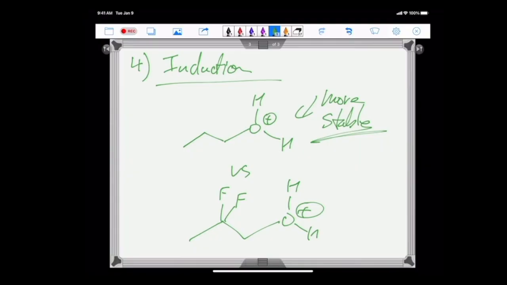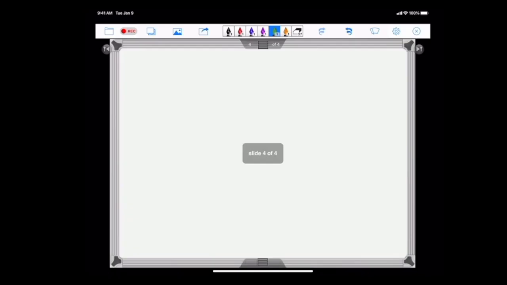Yes? So if the fluorines were potassium, it would be better? Oh, okay, if the fluorines were potassium, that's a whole other kettle of fish. Just for a second, what is this bond? A carbon to potassium bond? We talked about this before. That's ionic.